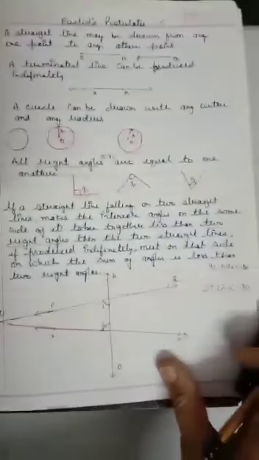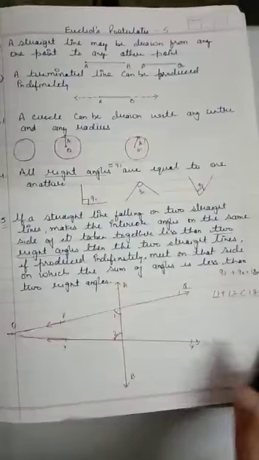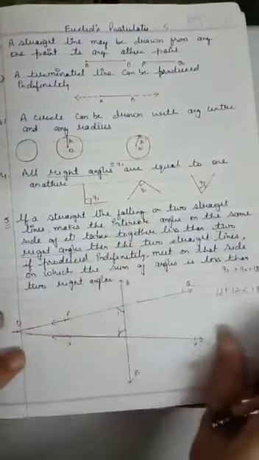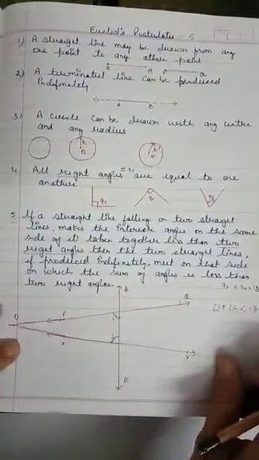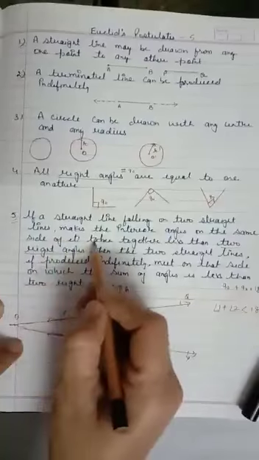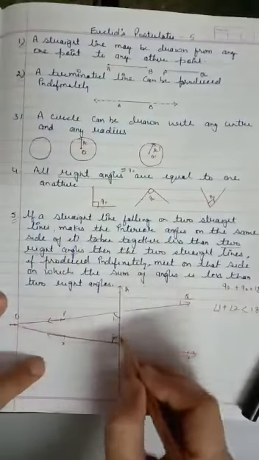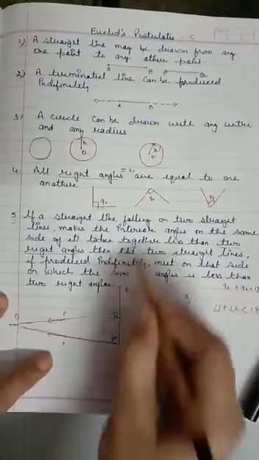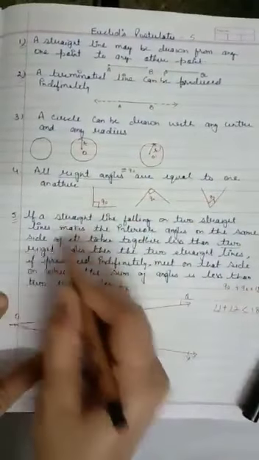Now in this part here, first of all, if a straight line falling on two straight lines makes the interior angles on the same side of it. So a straight line is your AB here. A straight line AB is falling on two straight lines.